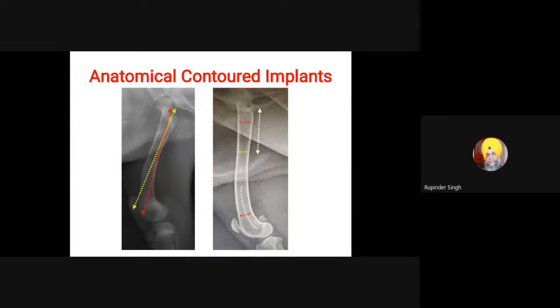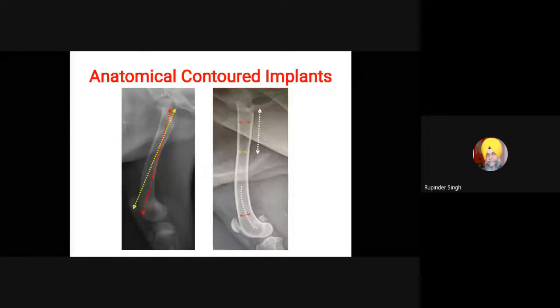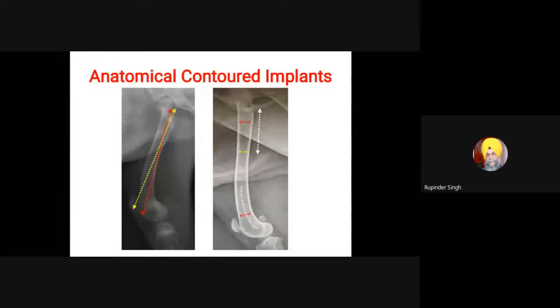Sometimes a sharp bend is there that weakens the implant. So if we can do 3D printed anatomically contoured implants which fit best into the bone, they can be a more ideal thing.